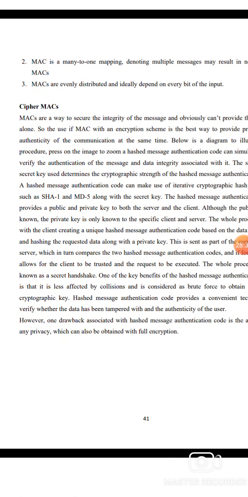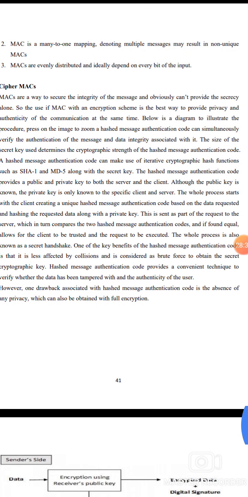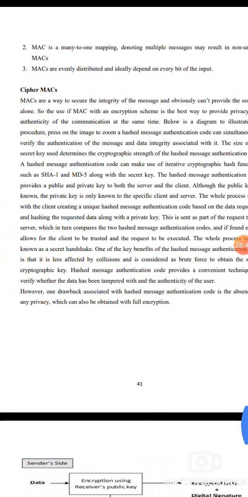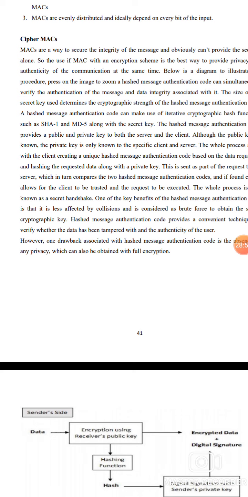The cipher MAC. The cipher MAC provides integrity of the message but obviously does not solve the secrecy problem. The MAC encryption scheme is the best way to provide privacy and authenticity of the communication at the same time. In the whole process, the client creates a unique hash-based message authentication code by hashing the requested data along with the private key.